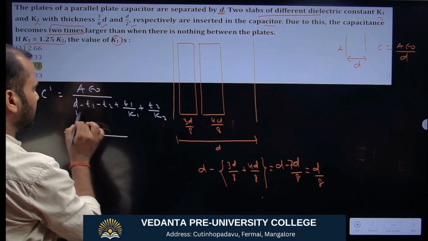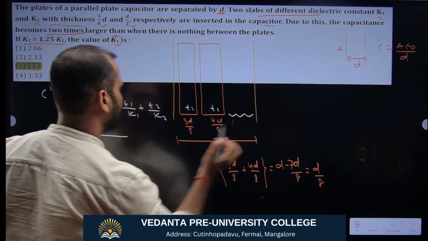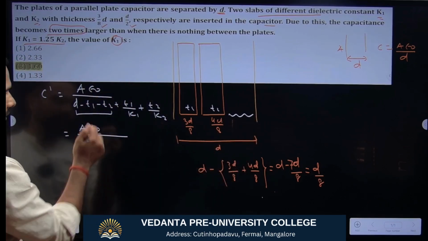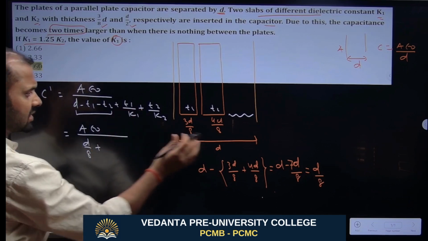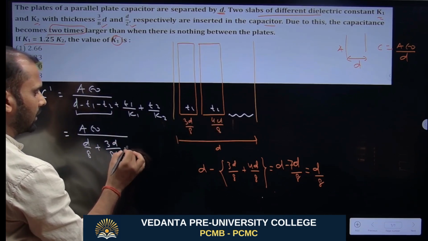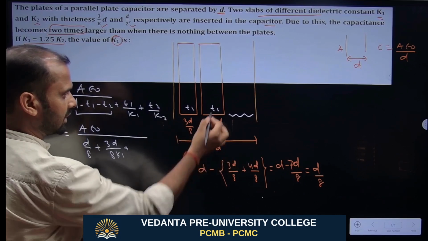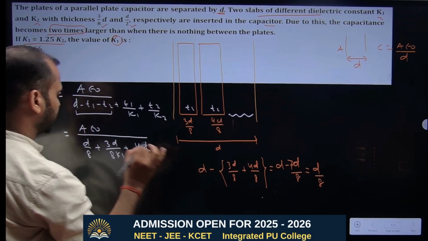This part is d minus T1 minus T2, which as already calculated is d by 8. T1 is this thickness 3d by 8 over K1, plus T2, that is 4d by 8 over K2.